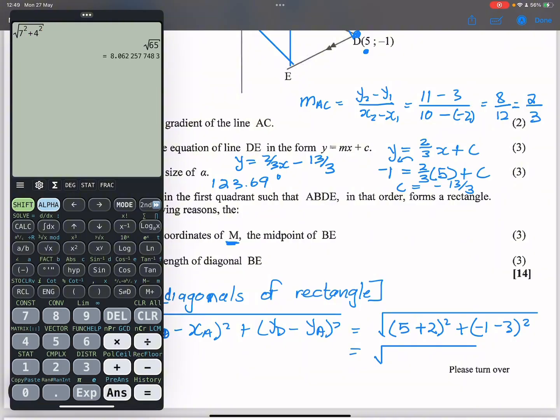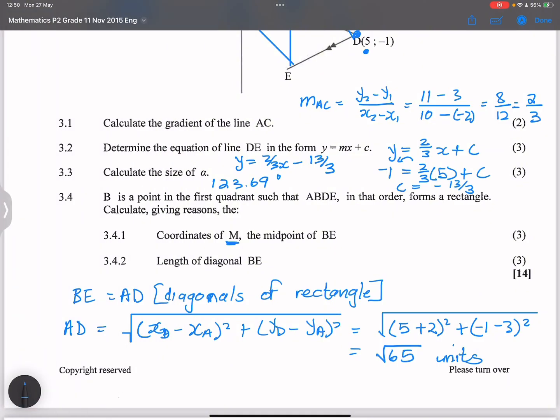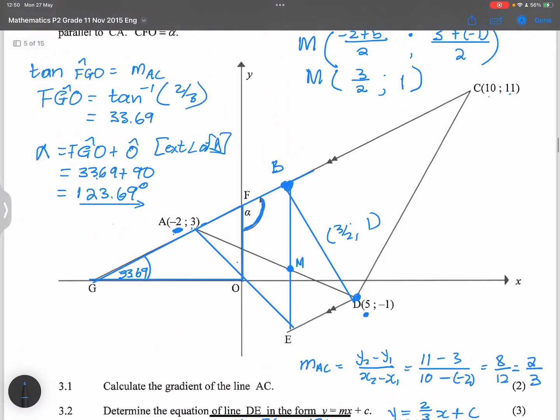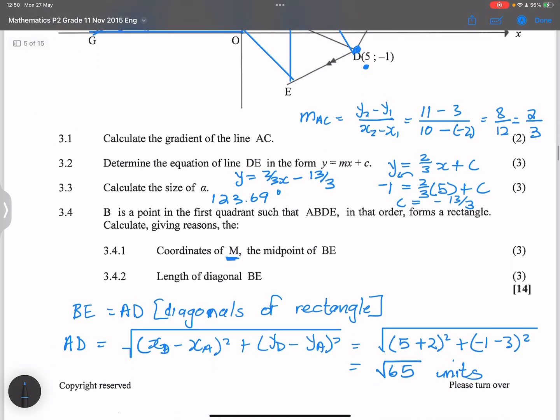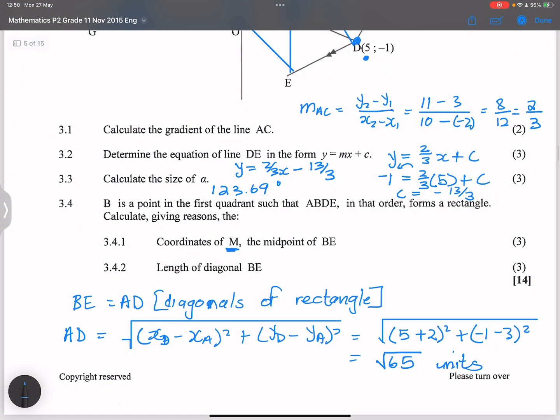We get the square root of 65 units. So the value of BE is equal to AD, and both of them have length square root of 65. I'm going to leave it in surd form, and that is how we're going to answer this question.